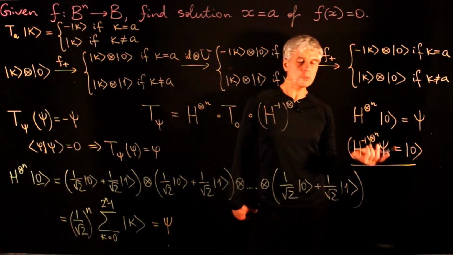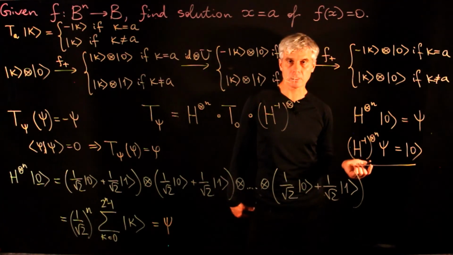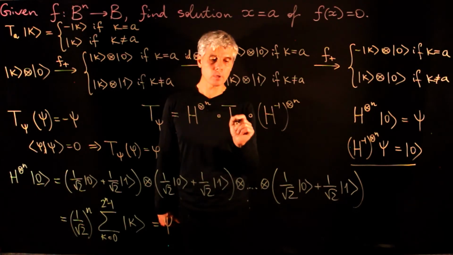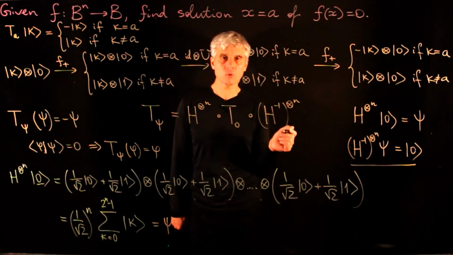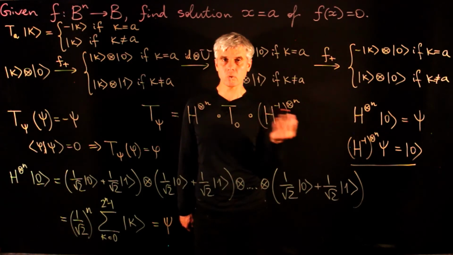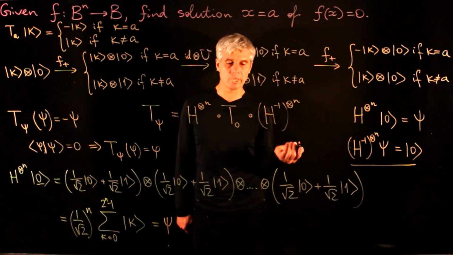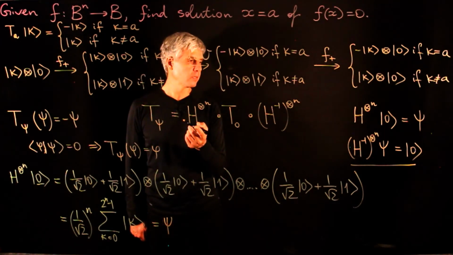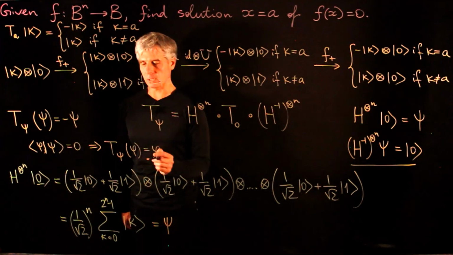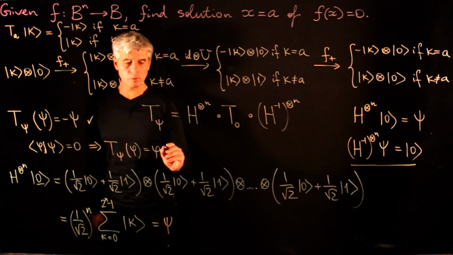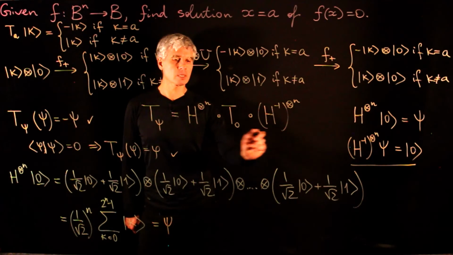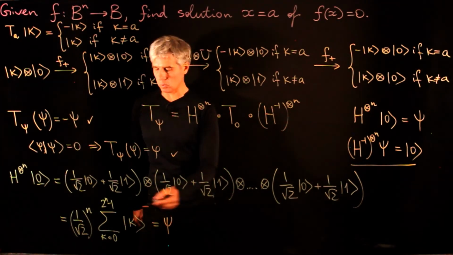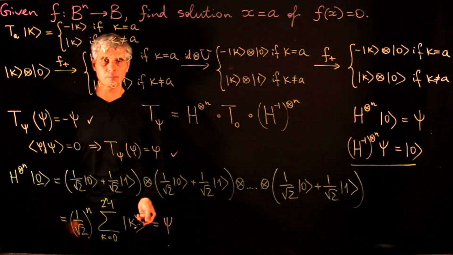A linear combination of non-zero strings. And then T_0 will transform a linear combination of non-zero strings to itself, because all of these will have eigenvalue +1. And then applying the Hadamard again, we're going to get the state phi itself. And so we have that both of these properties hold. And so this composition is the reflection with respect to this composite state psi.